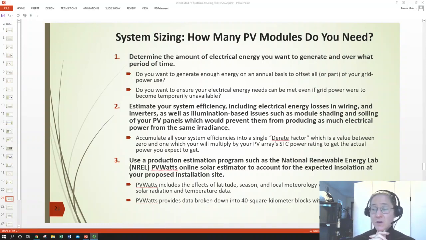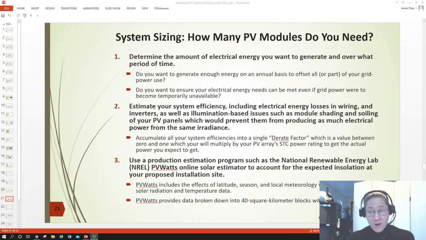Because remember, that's what our modules are ranked in or rated in, so many watts or kilowatts per module for max power. So we are going to look at what we need to figure out how many DC watts at max power we would need to buy.